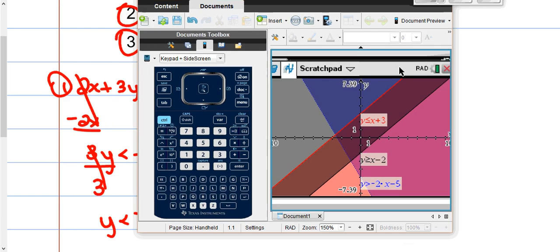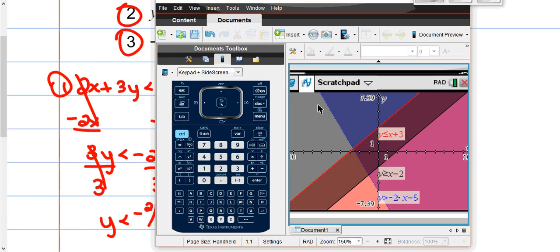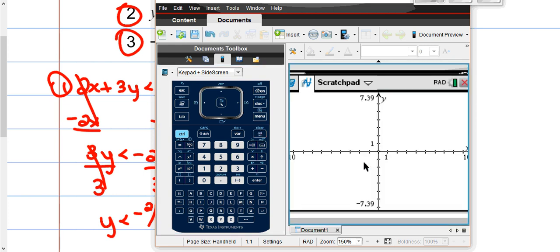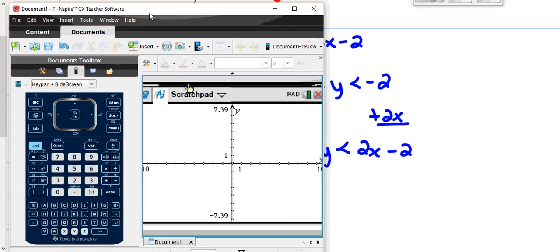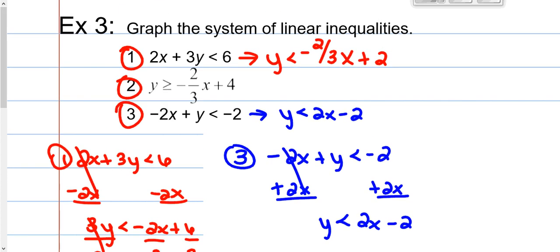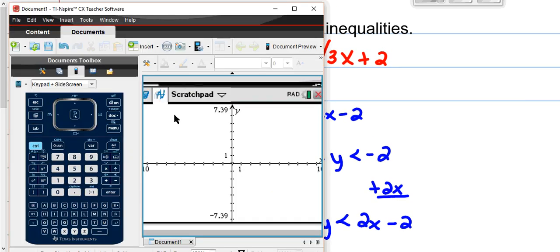When you have your calculator like this, and you have a graph already there, if you press delete 3 times and hit yes, it will clear your screen for you. So here we go.